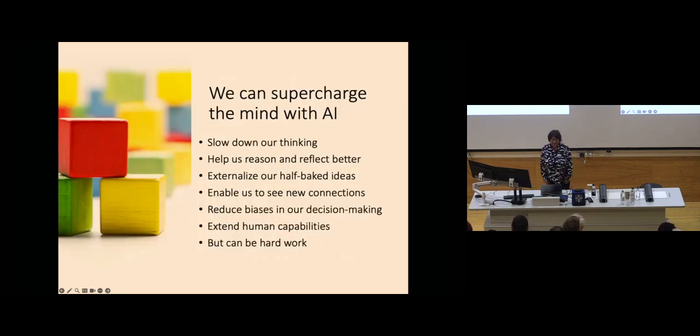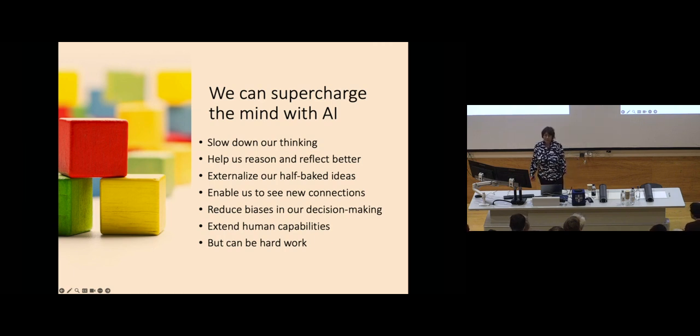So my title, which was a bit rhetorical, of my talk, was: can we supercharge the mind with AI? And I would say yes, but not turbo supercharge. If you could do that, someone would have done that already. I do think that if we change tack, we think differently about how the mind works and how we want to augment it. And one of those is to slow down our thinking. It can help us to reason and reflect better on what we're doing.